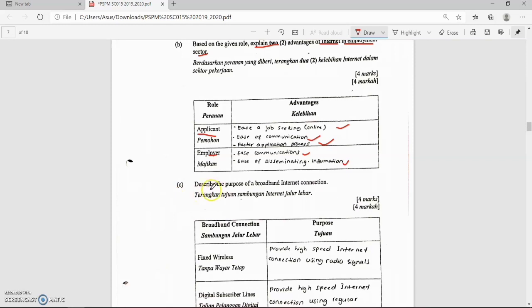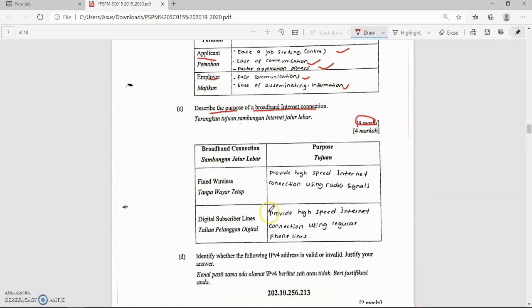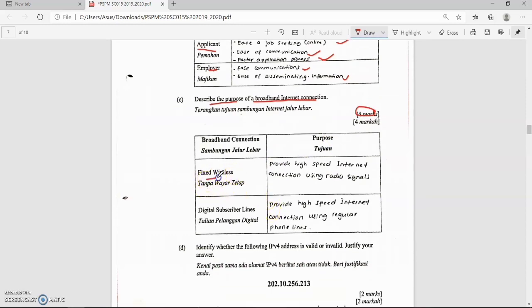Describe the purpose of a broadband internet connection. So we have 4 marks. First one we have fixed wireless. When you explain the purpose, make sure your answer includes high-speed internet connection by using what?